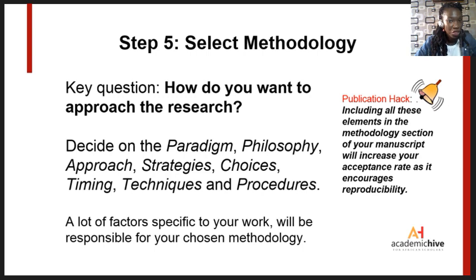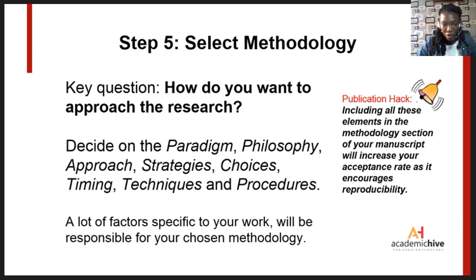Here's a publication trick you may want to take note of. When you are submitting a manuscript to be published, especially if you're doing a primary study or a secondary study or any other study, you would want to make sure that your methodology section contains all these elements: the paradigm, the research philosophy, the approach, the strategies, the choices, timing, technique, and procedures.